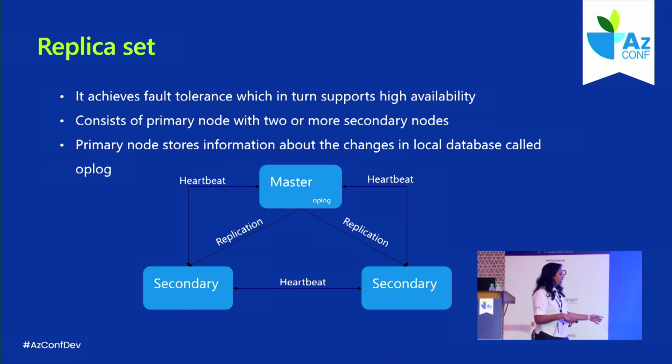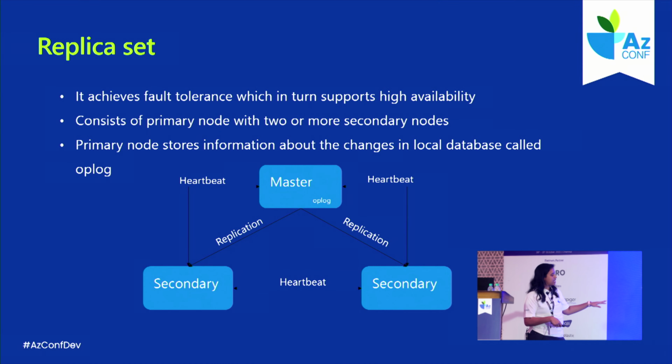If a secondary node gets more heartbeat messages than the master node, then it becomes the master node. It is a leader election, as done in distributed computing. The replica set does the same. So that's it.